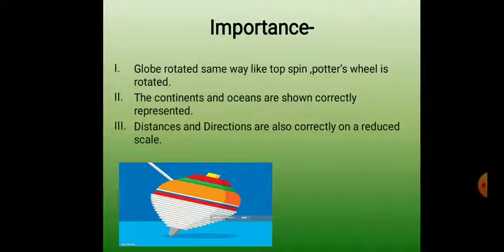On the globe, we find information about the different continents and oceans, which are shown correctly. Even distances and directions are correctly represented on the globe.